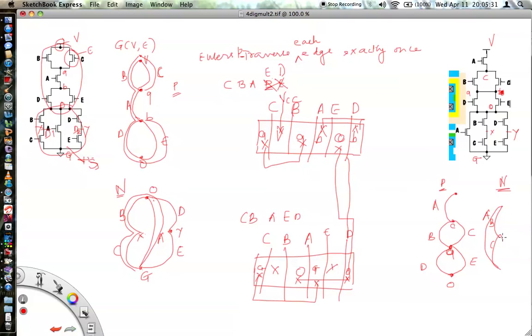So this is node X, this is node Y, this edge is your transistor D, this edge is your transistor E. Now we need to find the Euler's path.